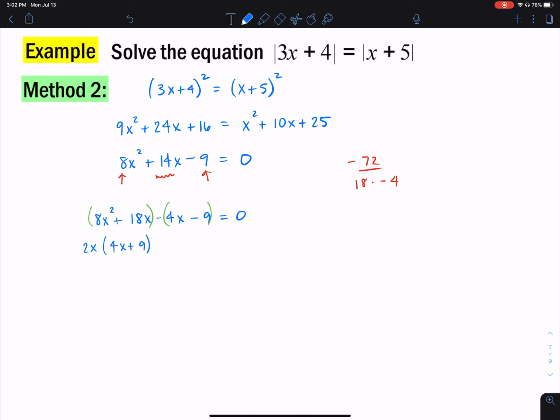Okay, now come over to the second group. This minus sign drops straight down. And there's really not a common factor between -4 and -9 except -1, right? So what we're taking out is -1, but we've already dropped that minus sign down just as a reminder to us that it's going to be a negative value. So that -1 comes out, and we're left with positive 4x plus 9 equals 0.